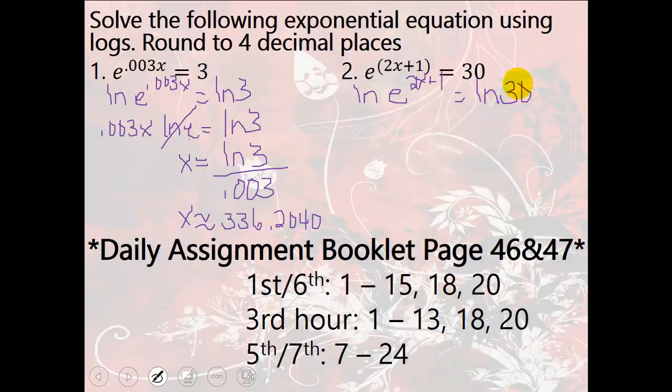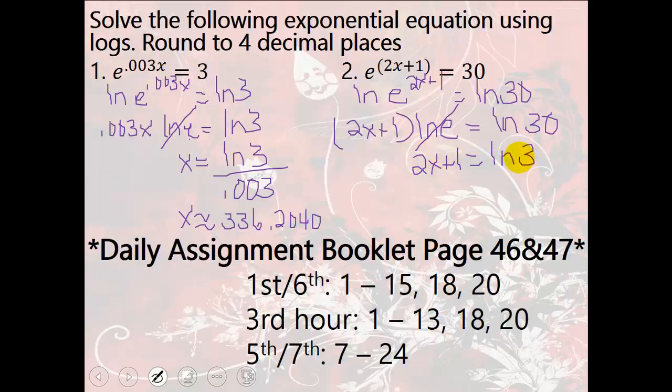And then I'm going to use my power property, so that's 2x plus 1 times the natural log of e equals the natural log of 30. This becomes 1, so they undo each other. So now I have 2x plus 1 equals the natural log of 30.